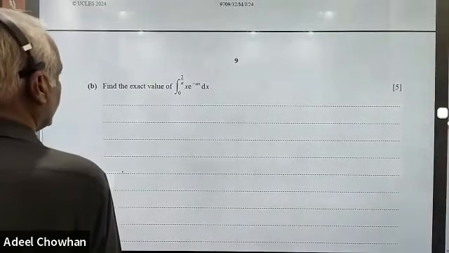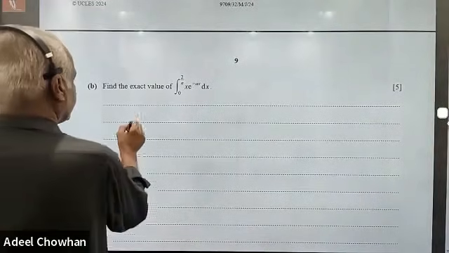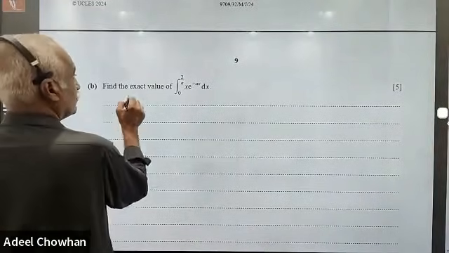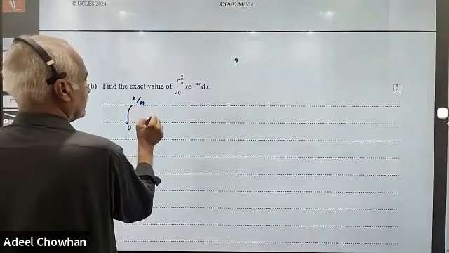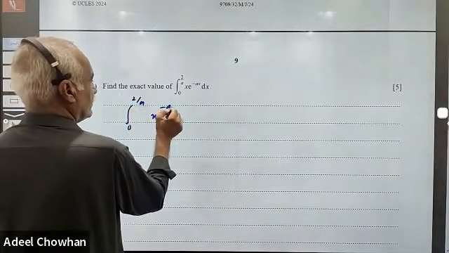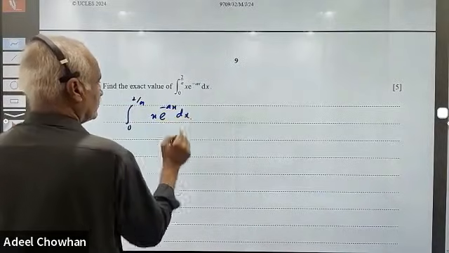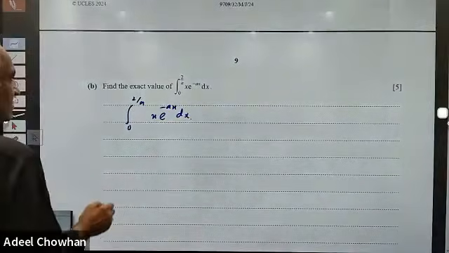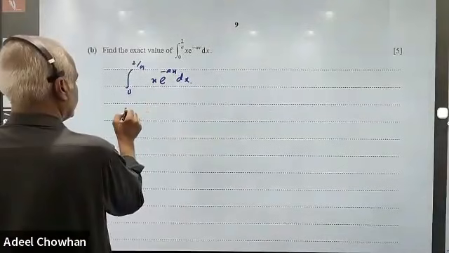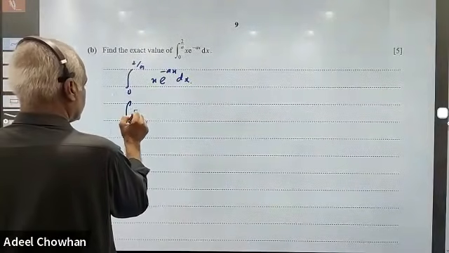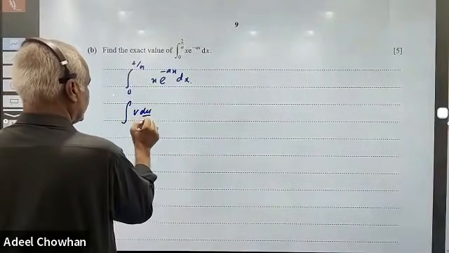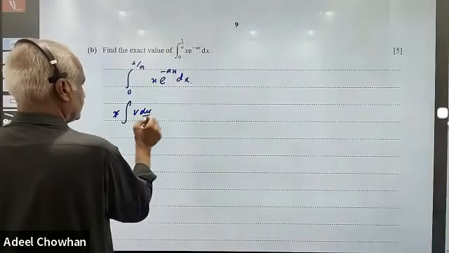Find the exact value of the integral from 0 to 2/a of x e^(-ax) dx. We know that this is the integration by parts formula.